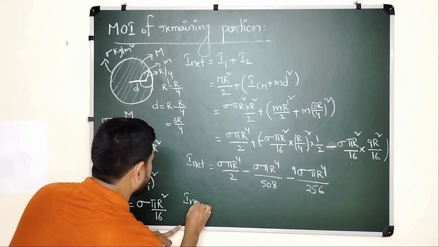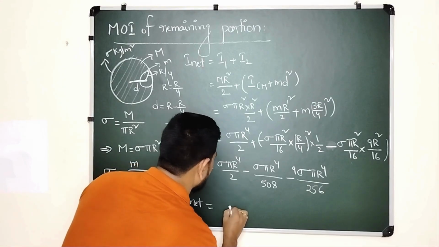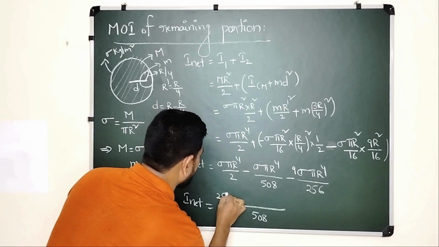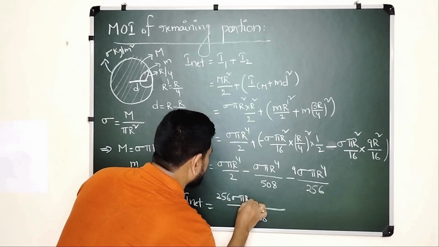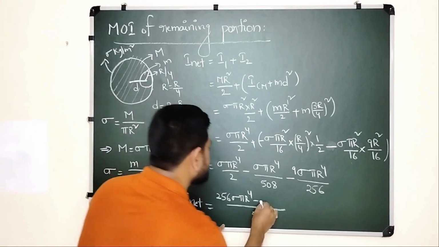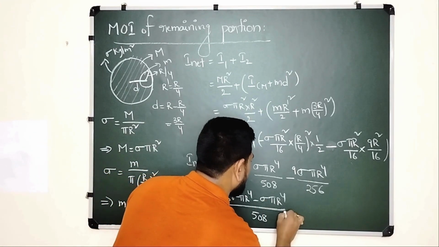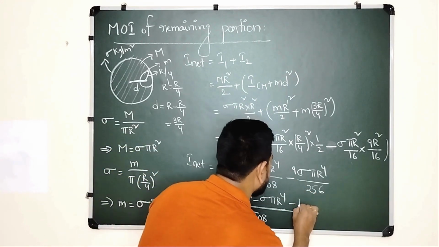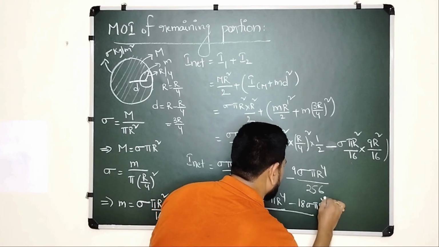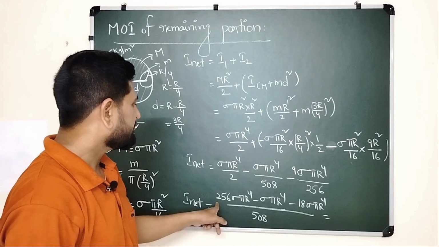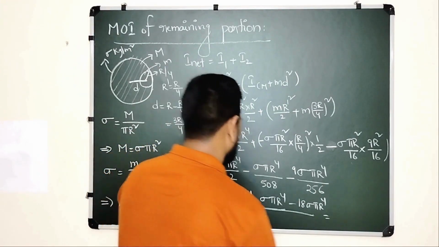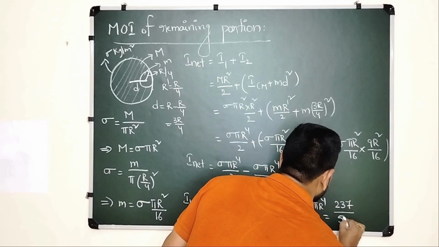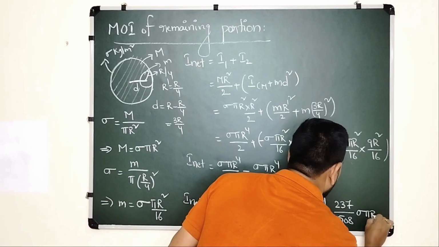So I net is equal to, the LCM is 512, so 256 sigma pi r power 4 minus sigma pi r power 4 minus 2 into 9, 18, 18 sigma pi r power 4, is equal to 256 minus 19, 237 by 512 sigma pi r power 4.